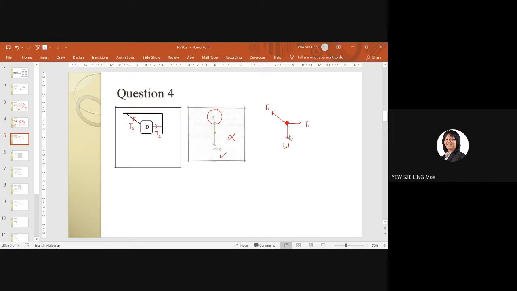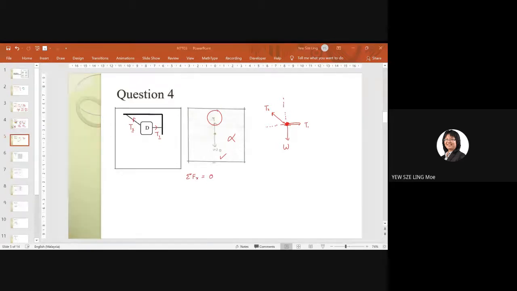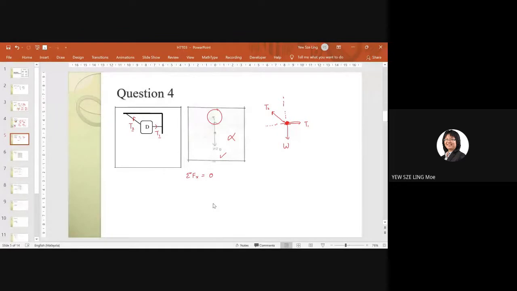So now that I have this complete diagram, what am I going to do next? I want to resolve it. This is my x plane, this is my y plane. So summation Fx. Again, the question says the object is at rest, the object is not moving, so summation Fx equals 0. Let's look at my diagram.